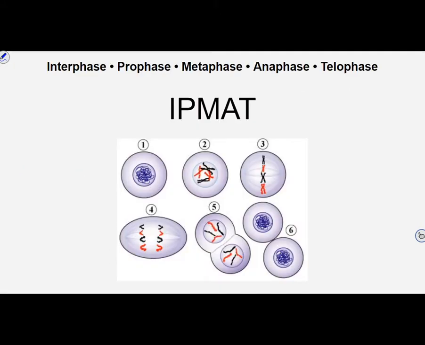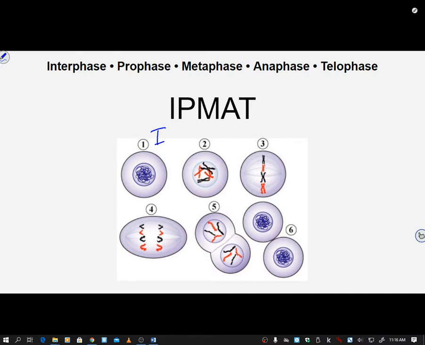All right, so here is this. We have interphase. So interphase looks like this, just a big jumbled up mess of your DNA. Prophase, you can start to see those chromosomes now, but look, you can see that nuclear membrane still. This will start to break down during this phase and into metaphase. It's gone now.